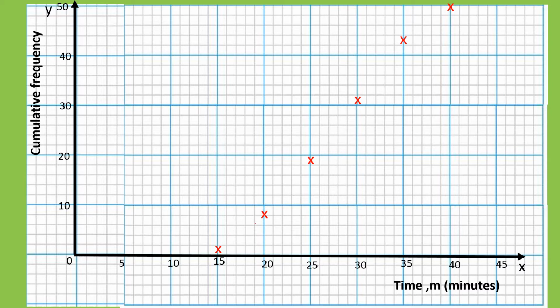Now we have all the points plotted on the graph. What we need to do is now to join the points using a freehand to give us a smooth curve like that. This is what we call the cumulative frequency curve or cumulative frequency graph.